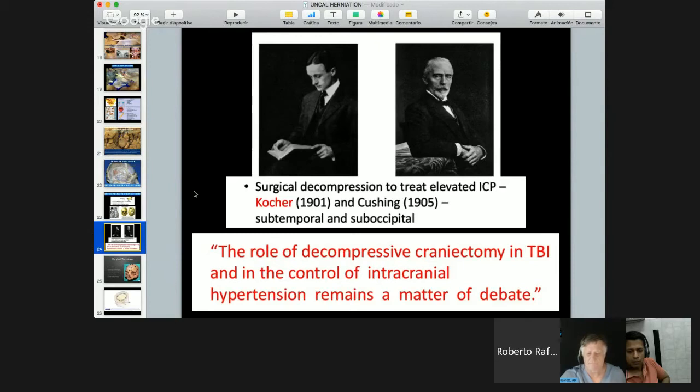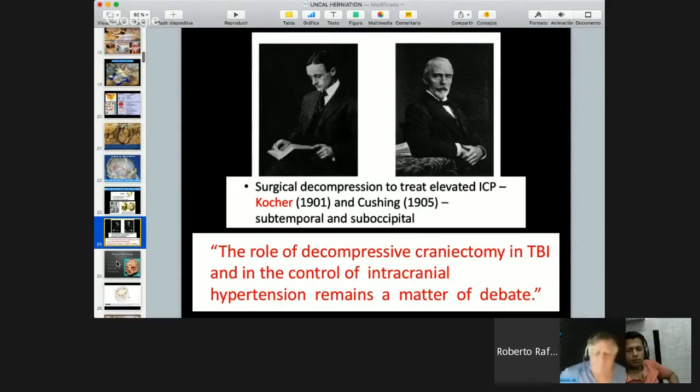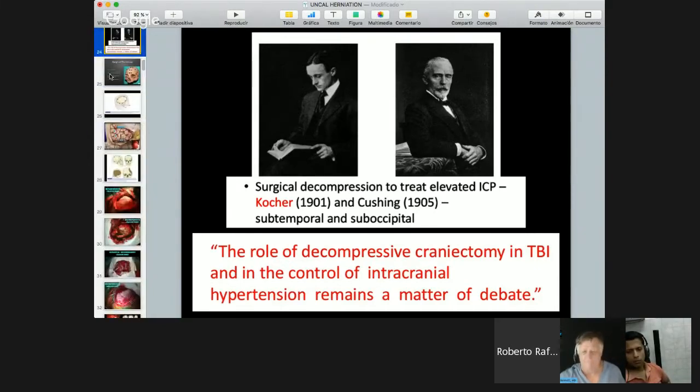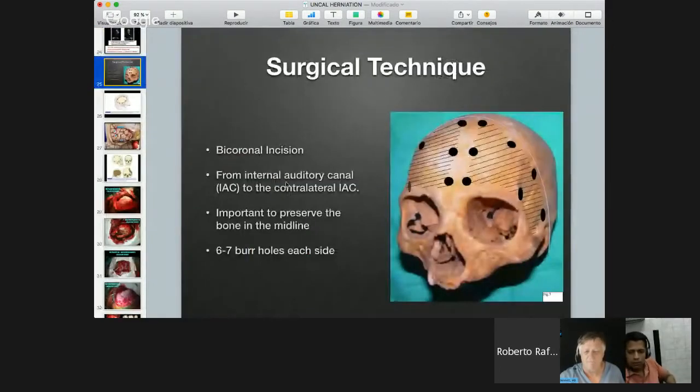And there are some questions about the decompressive craniectomy. How do we do this? There are different surgical techniques. The decompressive craniectomy could be unilateral or bilateral, more anterior or more posterior, but mainly with 6 or 7 burr holes.